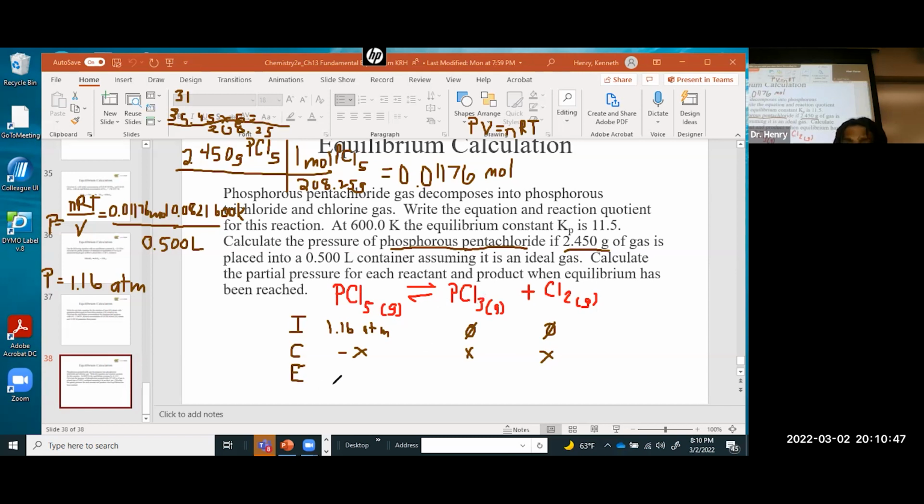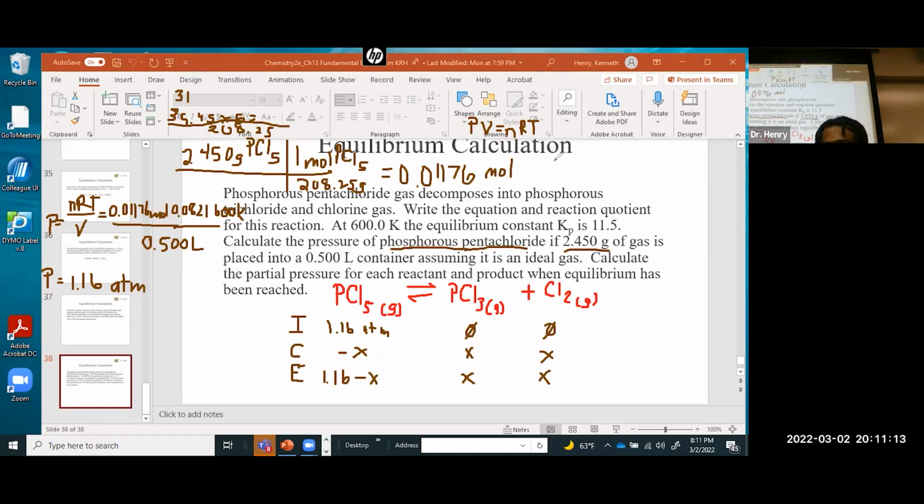So at equilibrium, it's going to be 1.16 minus X. Then we know that this one is just going to be X, and this is going to be X.